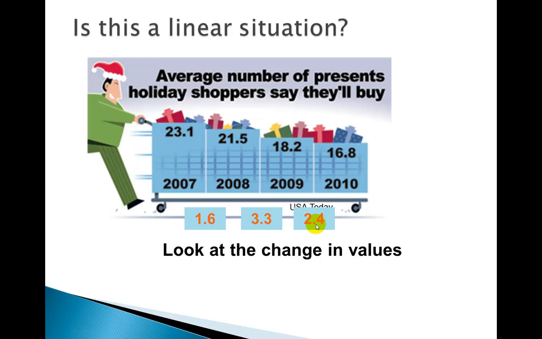You have to make that decision. If you feel that they're about the same values, then you can use a linear model. If you feel these 3 values are distinctly different, then a linear model may not be the way you want to go. All right, so not a true linear situation if I'm looking at it in the pure mathematical sense of what a line is, and that would be consistent same change all the way through.